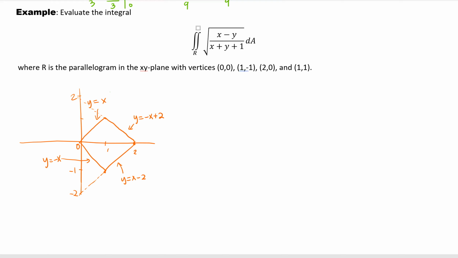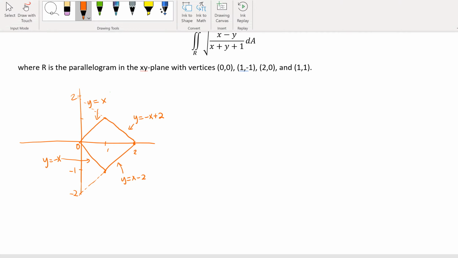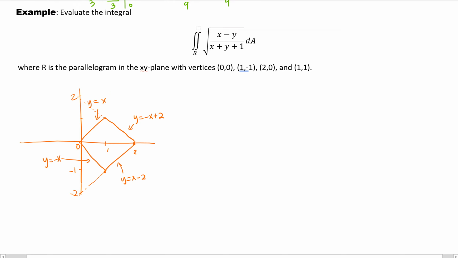Now look at the 4 boundary functions expressed in the form of some function equals a constant. How do we do that? Here we can move the x to the left, and we have x plus y equals 2. And here we move the x to the left, and we have x plus y equals 0.